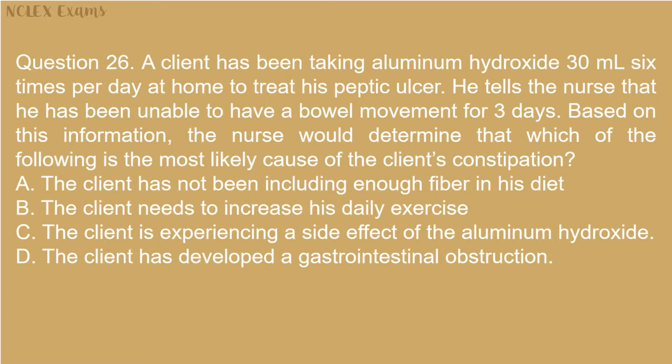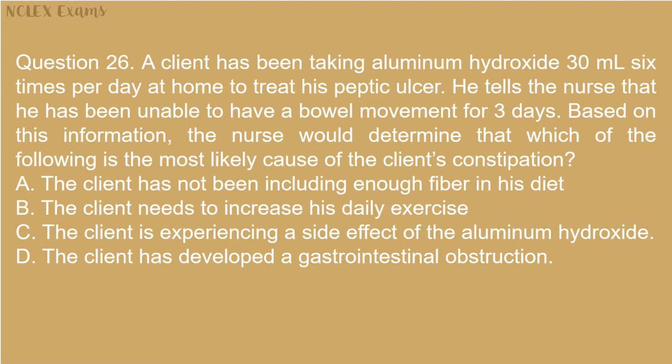Question 26. A client has been taking aluminium hydroxide 30 milliliters 6 times per day at home to treat his peptic ulcer. He tells the nurse that he has been unable to have a bowel movement for 3 days. Based on this information, the nurse would determine that which of the following is the most likely cause of the client's constipation?